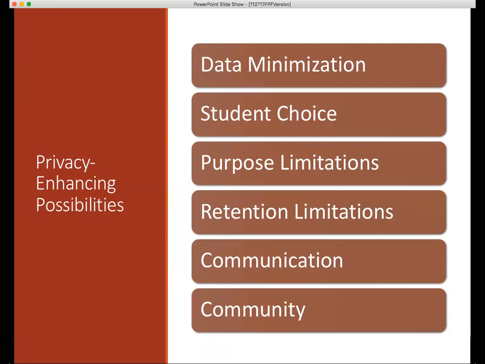So here are some privacy-enhancing possibilities that institutions or policymakers can take that help with some of the problems that people are having with the FIPPs in the digital era. One is to choose to minimize the data you collect or retain, often to information that is really just immediately useful.